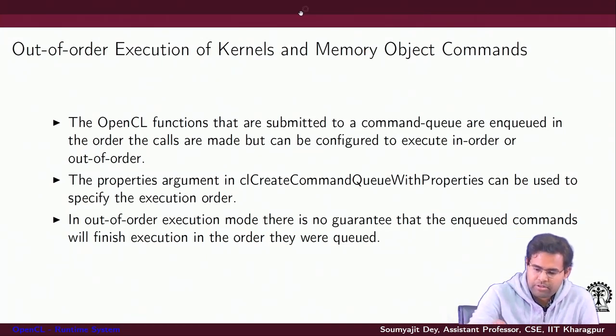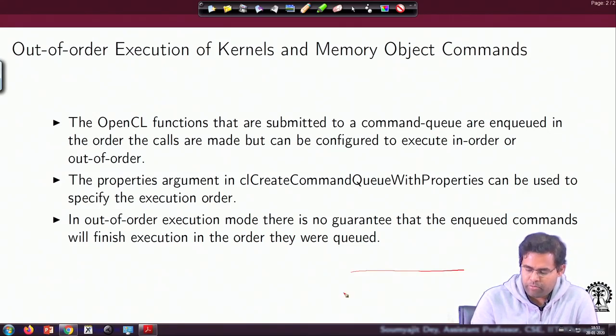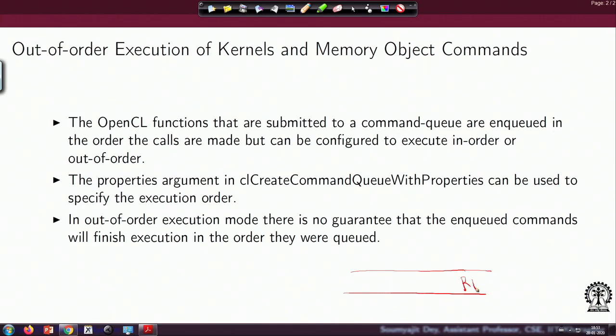So, just to give an example of what we mean, suppose this is the command queue, and you have enqueued a read command, then a kernel launch command. Let me just redraw this figure, suppose I am just drawing this graphically.